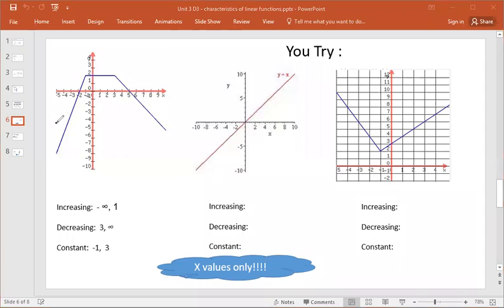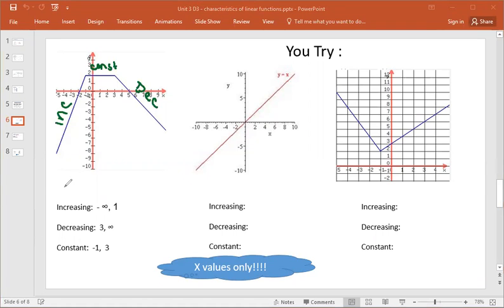So it is increasing in this section going up. The one that is flat is constant, and the one that goes down is decreasing. Sometimes just marking up your picture helps.